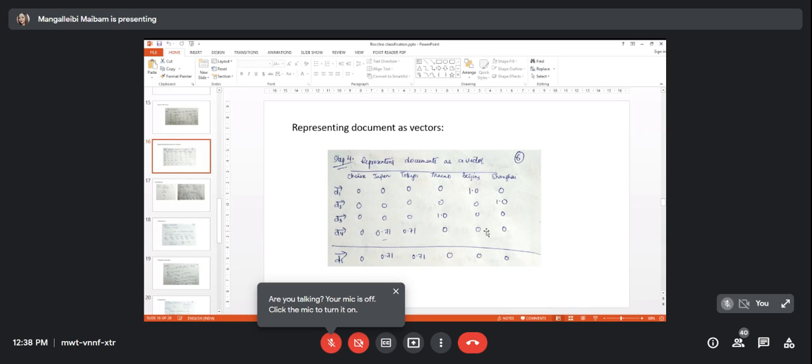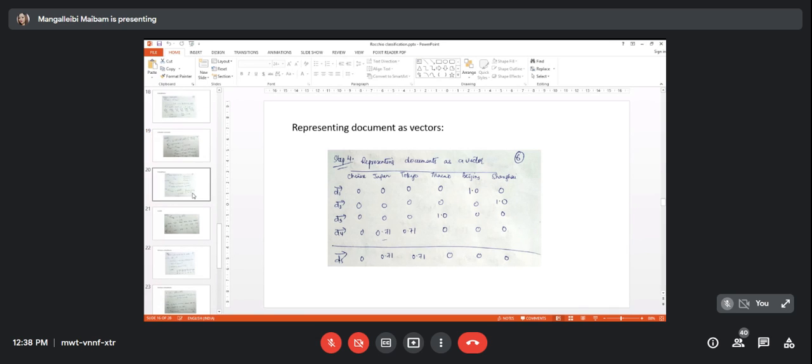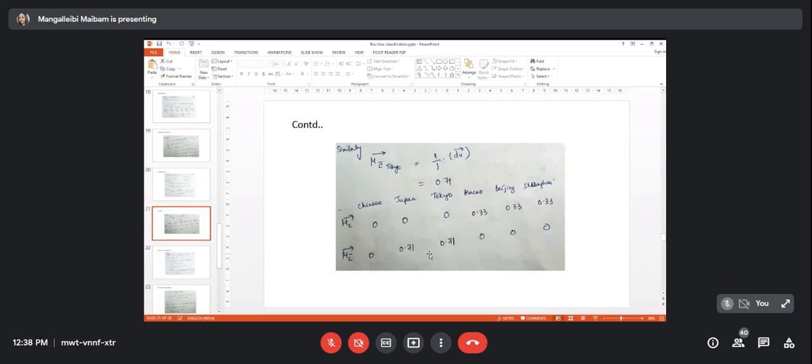Since it is 1 divided by 1, it will be only the document vector value, so you get the document vector values here: 0.71, 0.71. So we got the centroid for the China class and the centroid for the not China class.